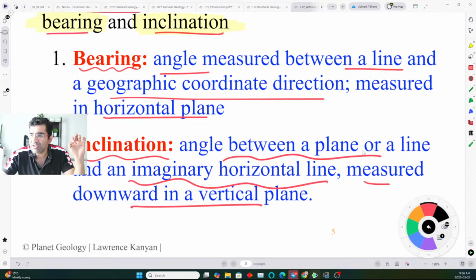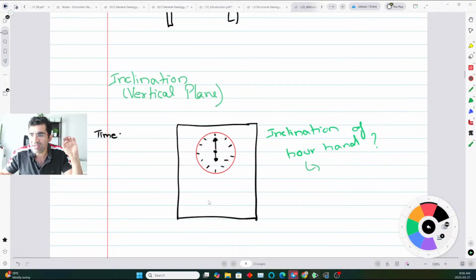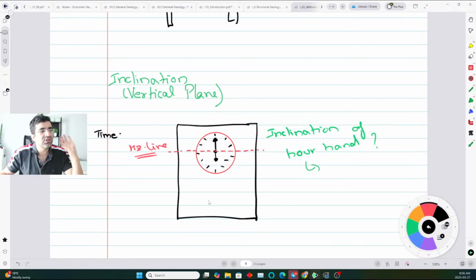Inclination is the angle between a plane or a line and an imaginary horizontal line, measured downward in a vertical plane. So first you have to imagine a horizontal line here. So this is an imaginary horizontal line. Now you have to measure the angle with respect to that imaginary horizontal line.